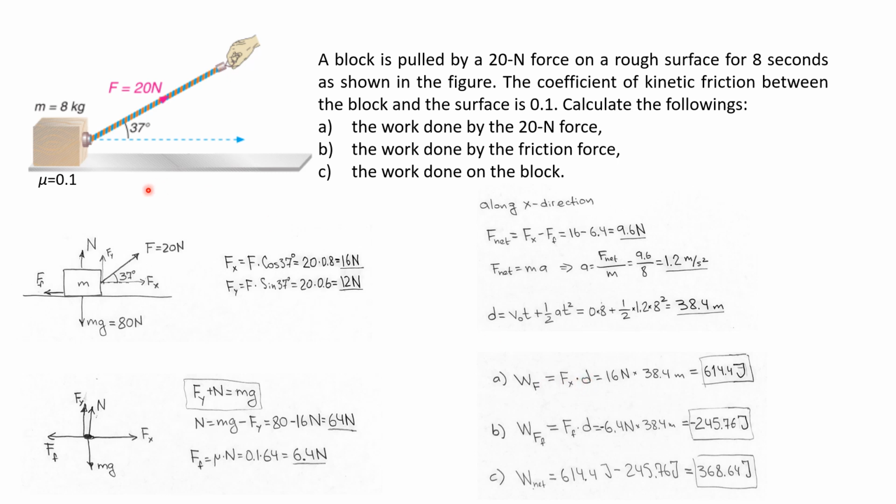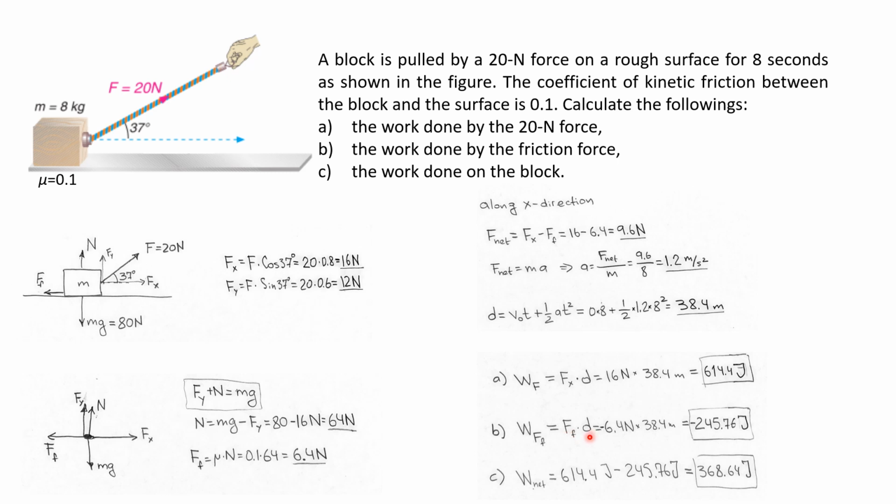Because the object is only moving along this direction, and the only component of the force that's responsible for moving the object along this direction is the x component. So this is going to be equal to 16 newtons times 38.4 meters, which comes out to be 614.4 joules.